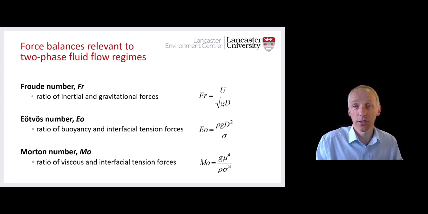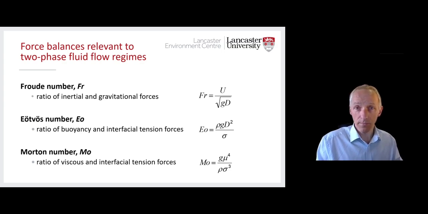In this equation, capital U is the characteristic velocity, for which we would use the slug ascent velocity. g is gravitational acceleration, and D is a relevant length scale, which would be the tube diameter. So in flow regimes with a high Froude number, slug velocities are high, and so inertial forces are also high.